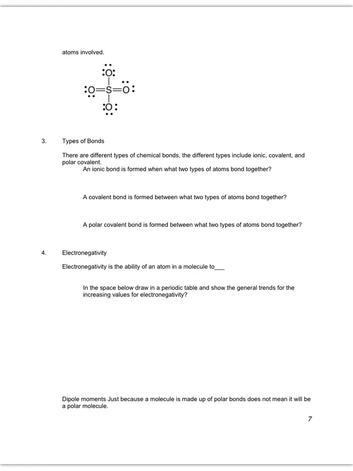So if we put 2 of the lone pairs from the side oxygens and make them double bonds, this oxygen here, the first one I drew in, that one has a formal charge of 0 because it has 2 bonds and 2 lone pairs. This one on the left side, also 0, 2 bonds, 2 lone pairs. This oxygen on the top is a -1, and this oxygen on the bottom is a -1.